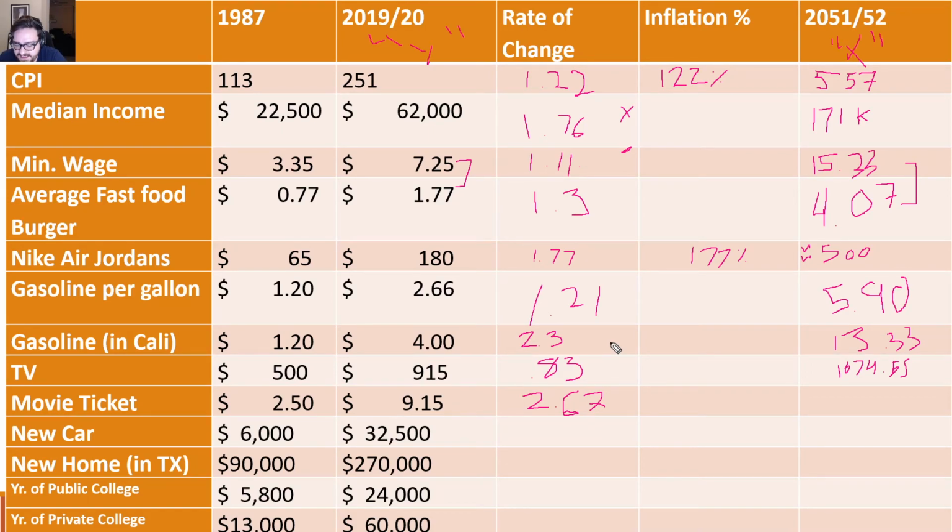2.67. Boy, that's a high rate of change. 267% is a lot of inflation. Times 9.15. Okay. Plus 9.15. Okay, average movie ticket would be almost $34, $33.58, almost $34 a ticket to the movies.